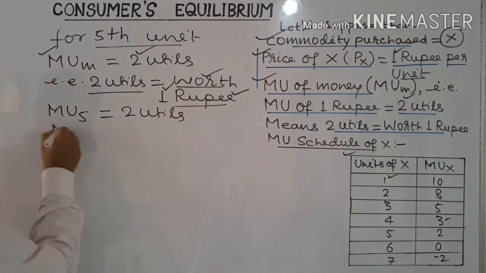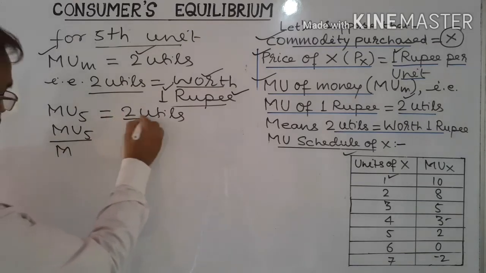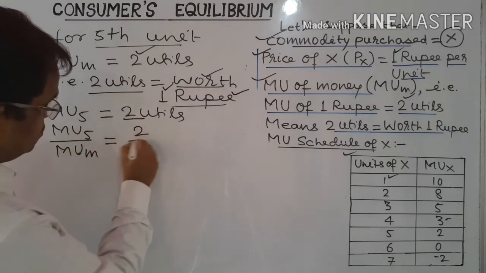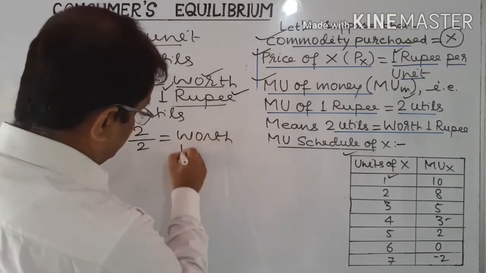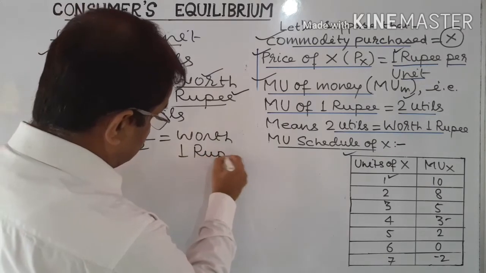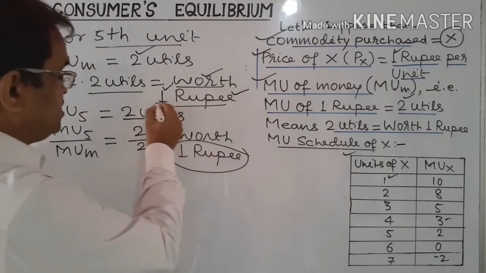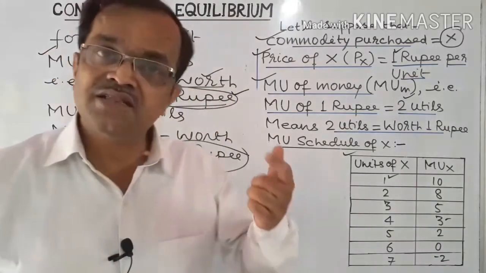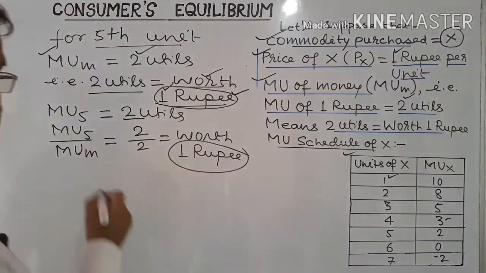And if it is converted into money terms, means we divide this number by the marginal utility of 1 rupee, that is 2 utils, this is equal to worth 1 rupee. Then what is the observation? Price paid is 1 rupee. And the satisfaction that the consumer gets in terms of money is also worth 1 rupee.